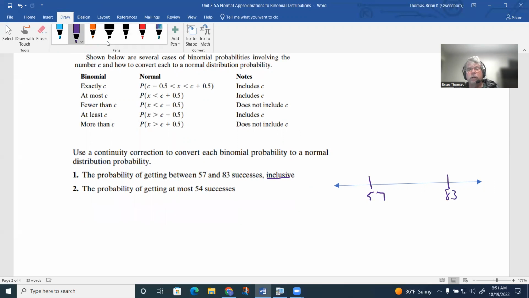Inclusive means to include the endpoints. So we use a solid dot there to say we include them. And then we would be in between those values. So that's going to be our binomial. So the binomial probability would look like that.